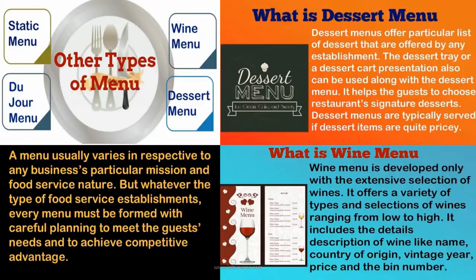Finally, what is the wine menu? The wine menu is developed only with an extensive selection of wines. It offers a variety of types and selections of wines ranging from low to high. It includes a detailed description of wine like name, country of origin, vintage year, price, and the bin number.